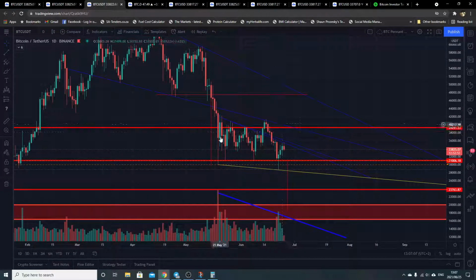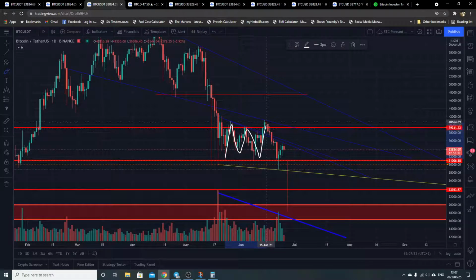So I'm waiting, and I'm continuing growing my USDT on Binance because I'm trading these little outbreaks. I'm longing and shorting, longing and shorting. I longed that one and now I'm shorting this one.